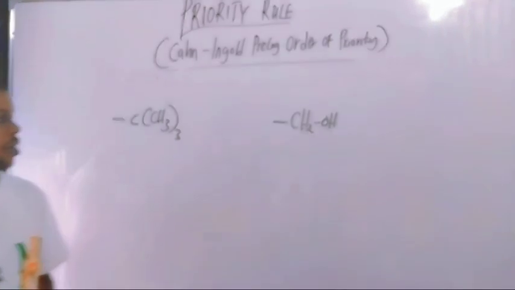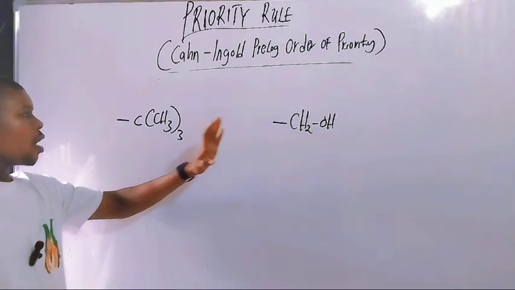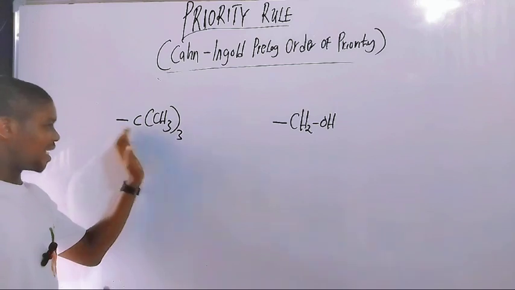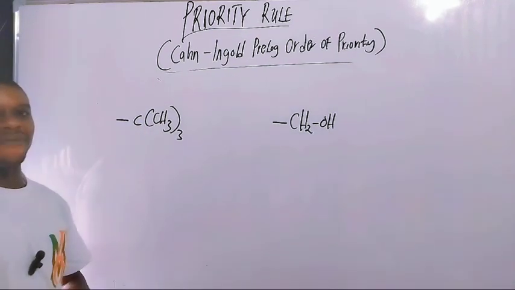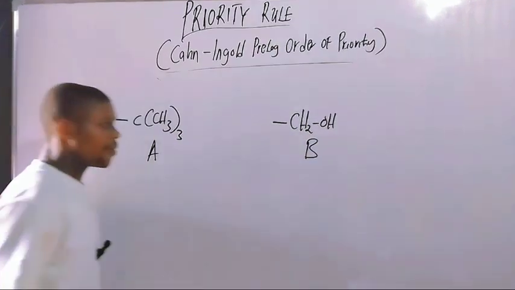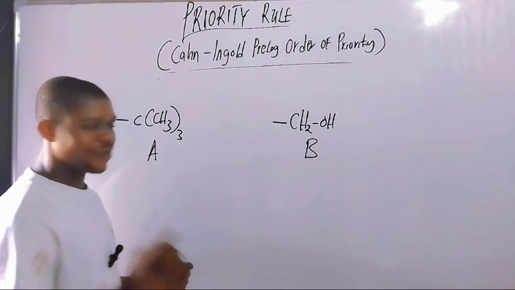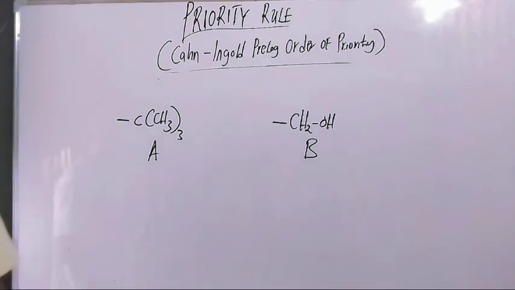Fine. Now at first, when a person sees this, they ask: this and this, which one will have higher priority? Is it A or B? Let me hear from you. Which will have higher priority? Leave it in the comment section. I will explain.